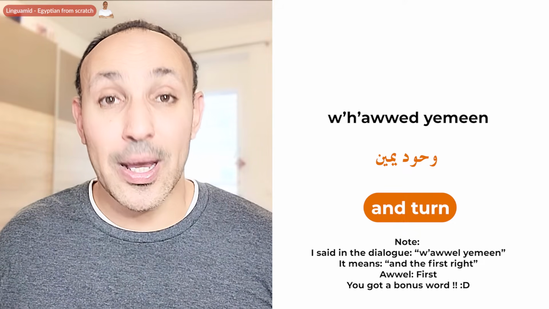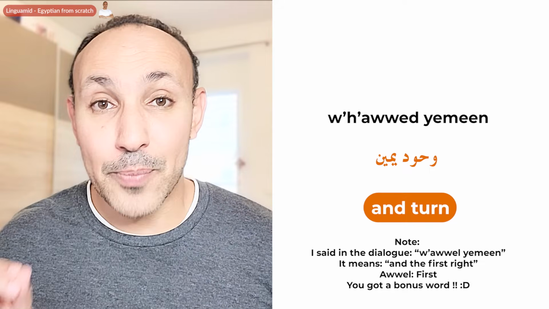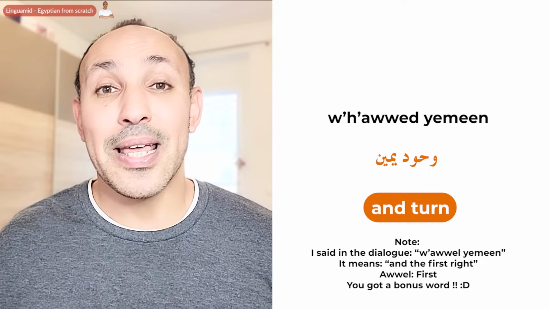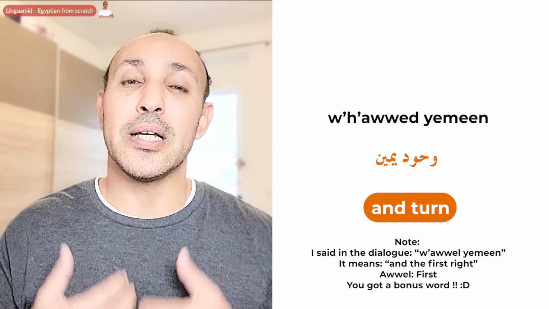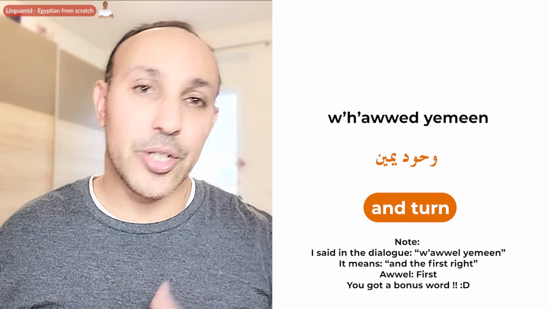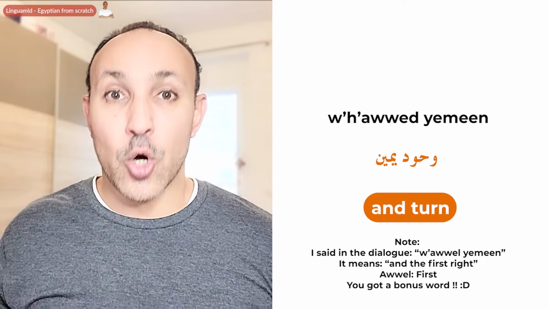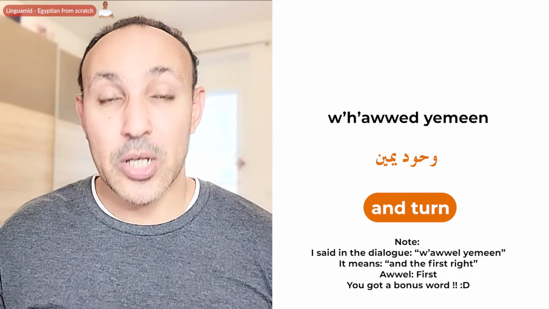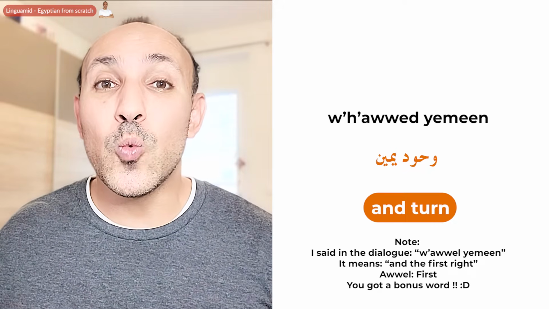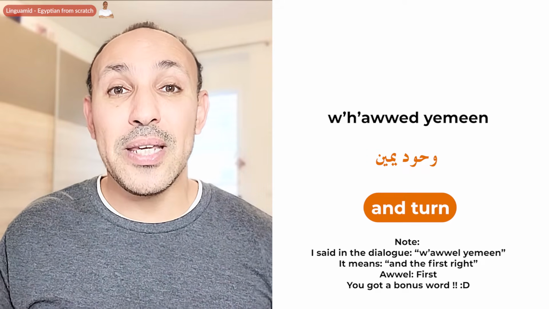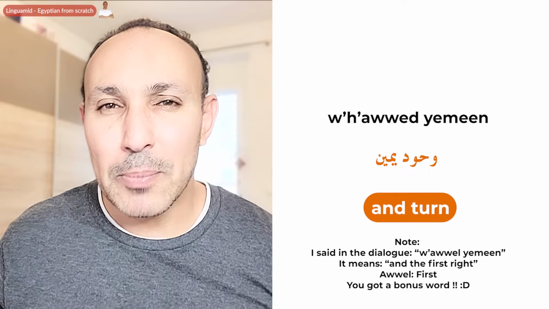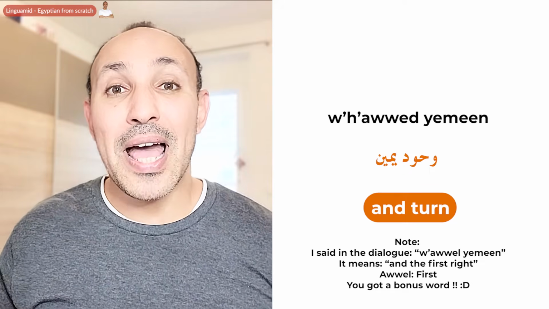Another imperative, حود. This imperative form is from the verb يحود, which means to turn, turn right or turn left. So امشي على طول وحود يمين. يمين here means right, and we have شمال, left.